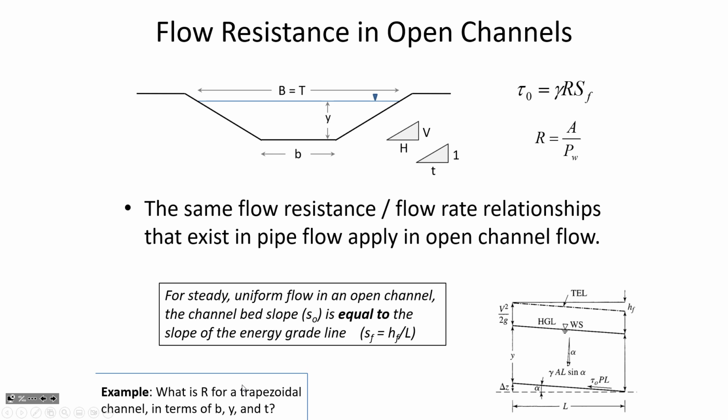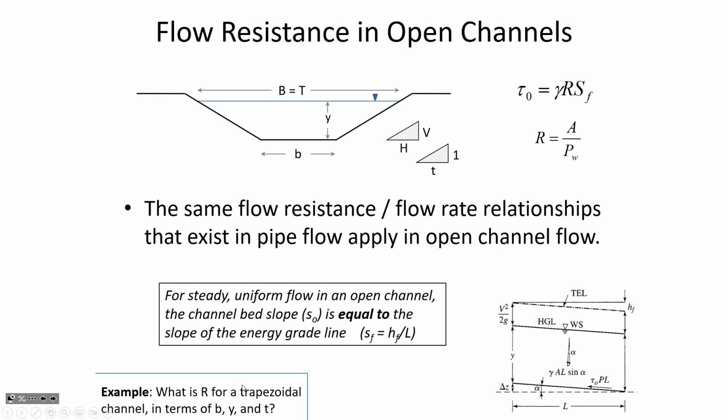Now the wetted perimeter is going to be the distance along the bottom, and then the side slopes as well. So this distance is Y squared plus (TY) squared, and then we take the square root of that because there's a height and a length.